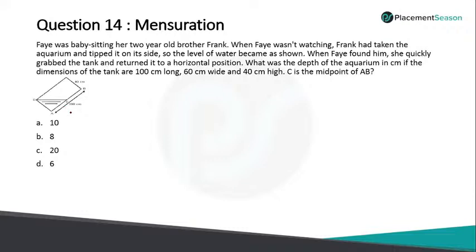What is the volume of water in the tank when it is in the tilted position? Volume in tilted is what? So total length is 100, but the water has moved till 50.